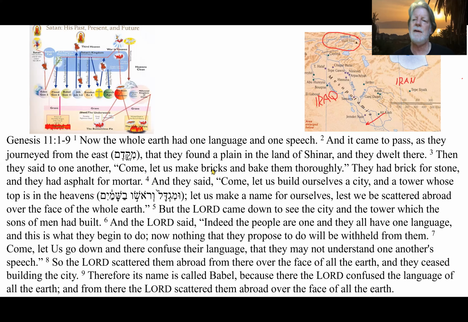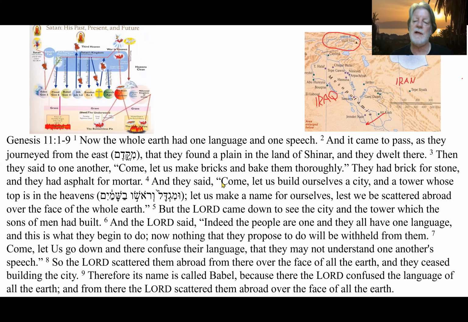They take clay, put it in frames, bake it in the sun or in ovens, and you have really well-shaped, sturdy, strong building materials. So they learned how to bake bricks, and probably just came to the conclusion with this kind of building material, we can build anything we want as big as we want it. So they had brick for stone and they had asphalt for mortar.